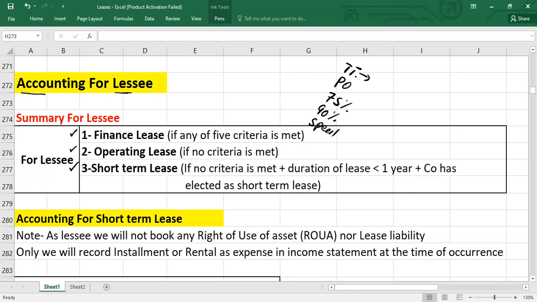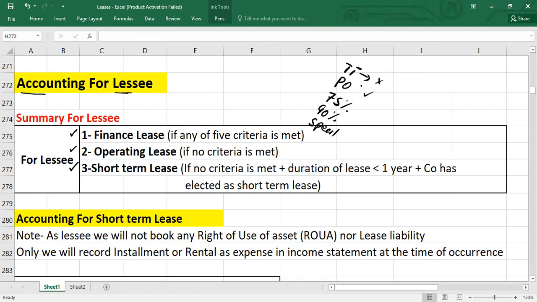So what is the transfer of title? It means if the lease transfers ownership of the leased asset to the lessee by the end of the lease term, there is a transfer of title. If this condition is not there, you should check the purchase option. What is the purchase option? The lease includes an option to purchase the leased asset that the lessee is reasonably certain to exercise.